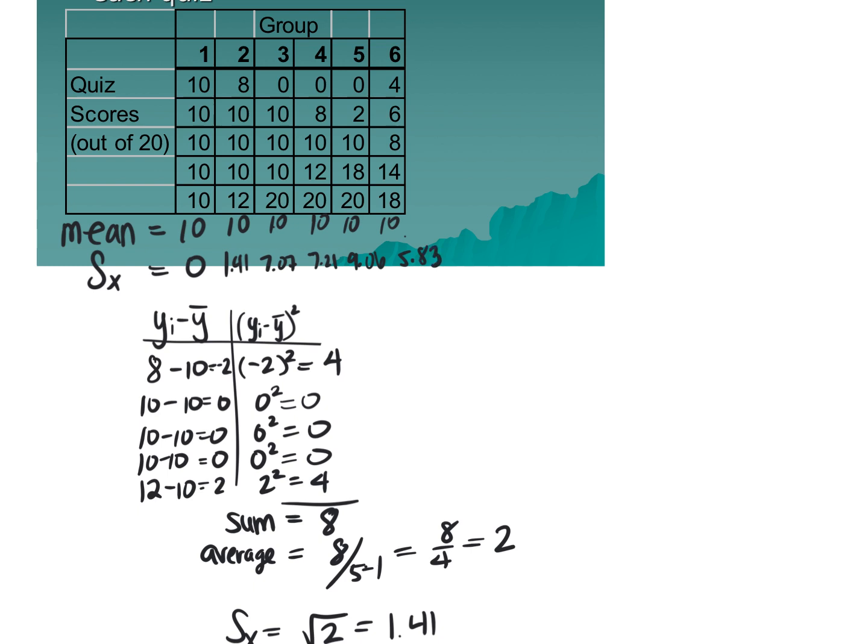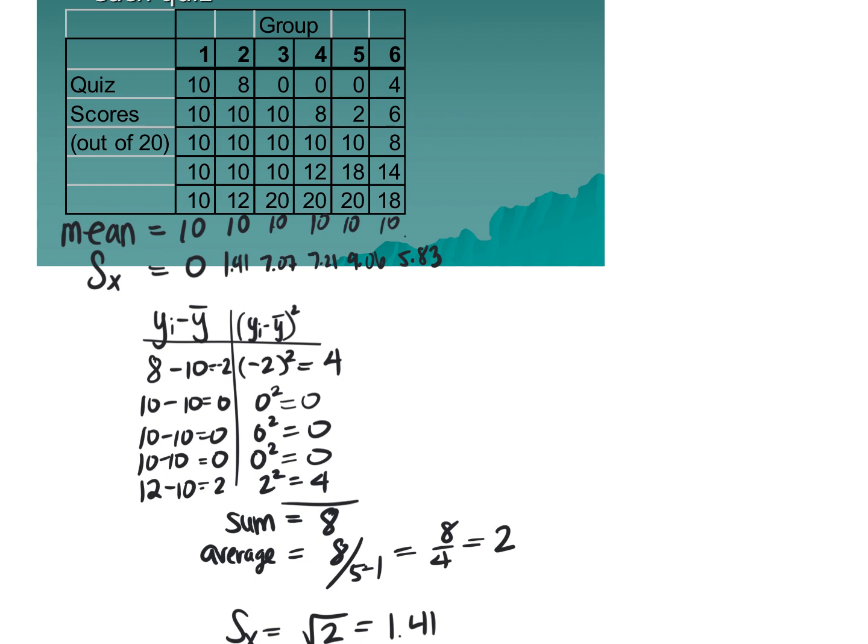Okay. So, does it surprise you that group 5 has the largest standard deviation? No, because it has more values that are farther from the mean, right? The 18 and 20 should be more spread out than the others.